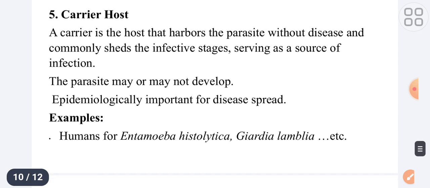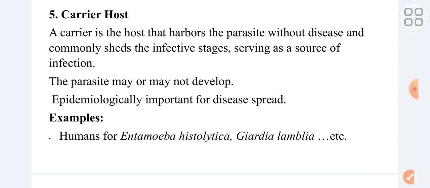Carrier. A carrier is the host that harbors the parasite without disease, without the parasite causing disease to this host, but commonly sheds the infective stages, serving as a source of infection. So what is the difference between the paratenic and the carrier host? In the paratenic host, there is no development or multiplication.